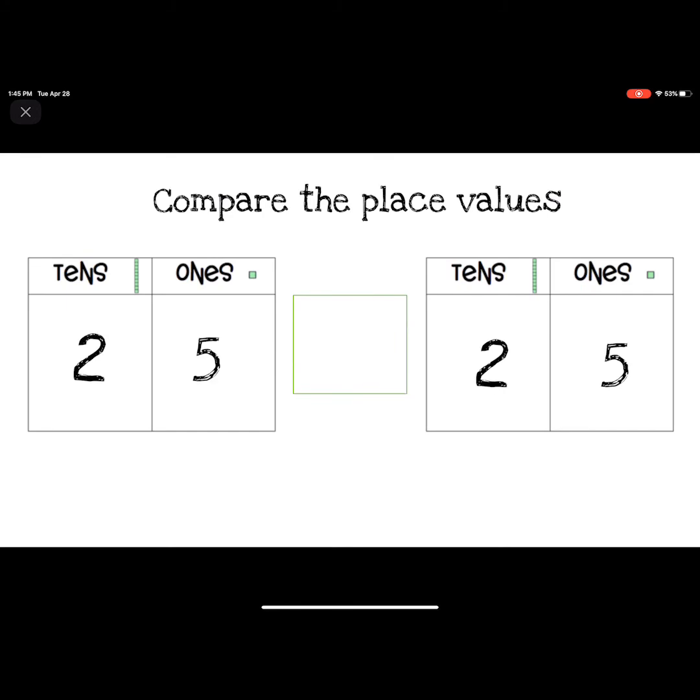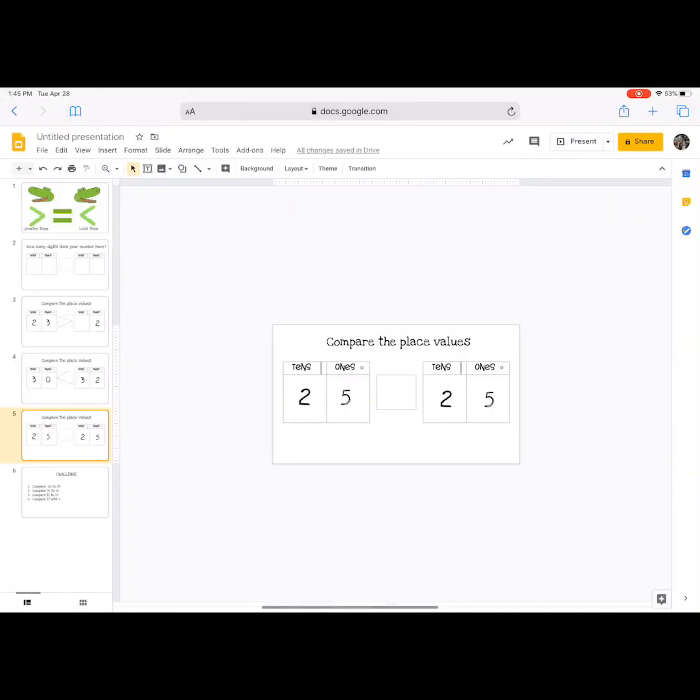Next, we're comparing 25 and 25. Well, they both have 2 digits. They both have a 2 in the tens place. So now we're moving to the ones place. They both have a 5 in the ones place. So what does that tell us? They are equal. So I'm going to draw my equal sign.